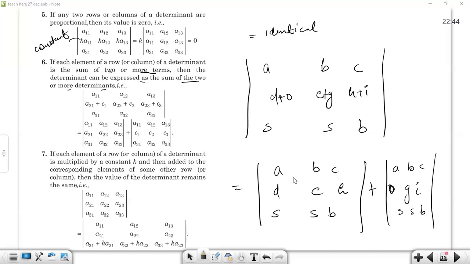Clear or should I repeat? So let me repeat.